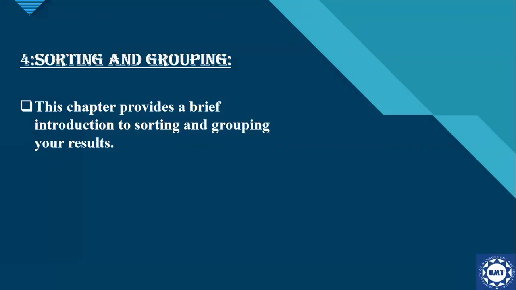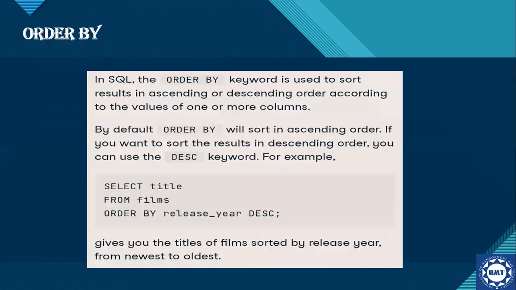Then sorting and grouping. This chapter provides a brief introduction to sorting and grouping your results, and it is the last chapter of this course. First of all, in this chapter, you will learn how to use order by. In SQL, the order by keyword is used to sort results in ascending or descending order according to the values of one or more columns.